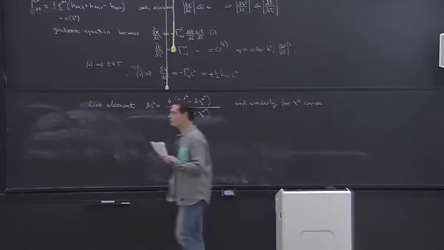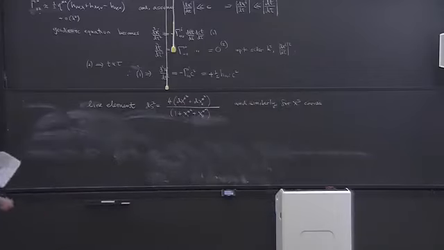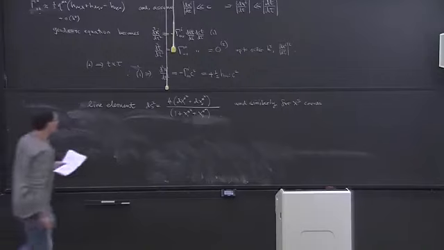So the metric takes the same form in both the north and the south coordinates. I should have another square there.